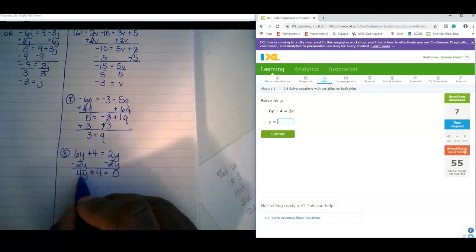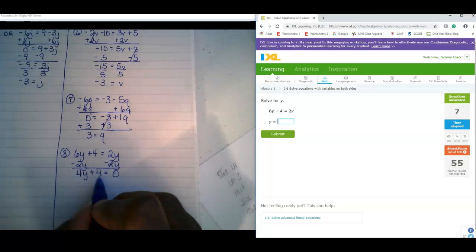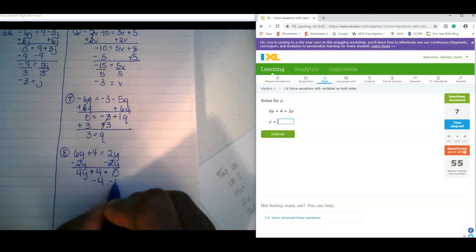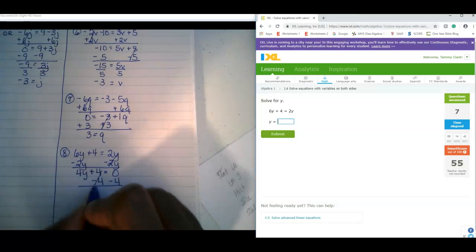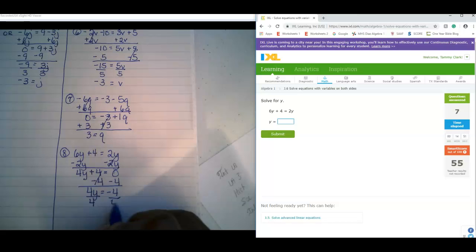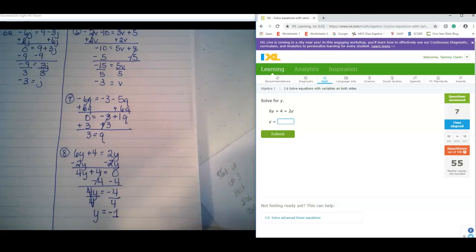Well, since we have the 4y over here, we're going to move the positive 4 to the other side. We do that by subtracting 4 from both sides of the equation. 4y is equal to negative 4. 4 multiplied by y, we're going to divide by 4 on both sides of the equation. 4y divided by 4 leaves us positive y, and negative 4 divided by 4 leaves us negative 1.